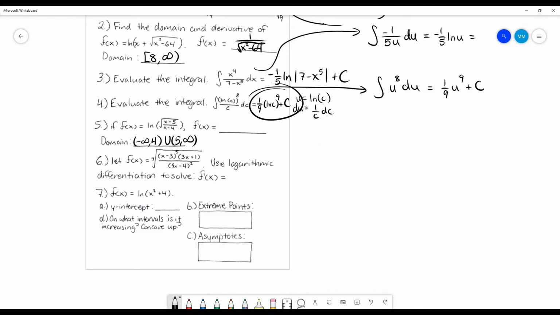On to our derivative now. Again, the derivative of natural log is going to be the derivative of the inside over the inside. So now I need to figure out what the derivative of that is, and that's a little tricky, but not the worst. Trying to figure out what derivative method I want to use for this.